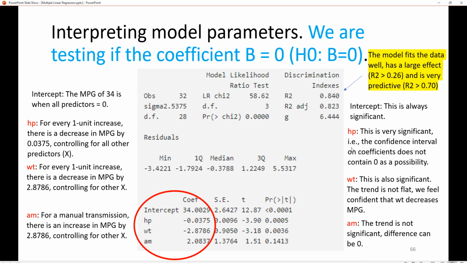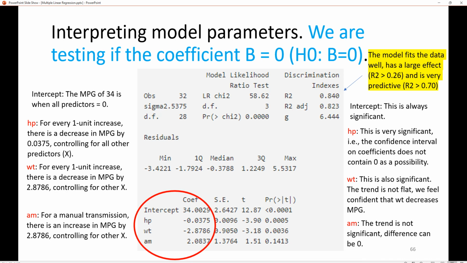But our three key variables of interest would be, for horsepower, this is very significant, that 0.0005. The confidence interval on the coefficient does not contain 0 as a possibility. So again, we're testing to see if the coefficient is equal to 0. We're using a confidence interval, which I'll show you a graph next.